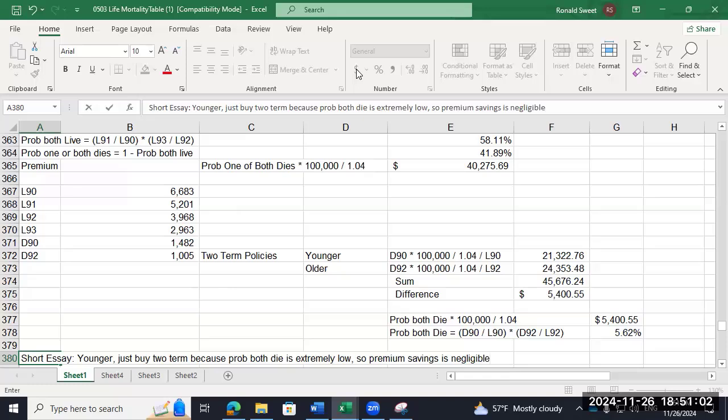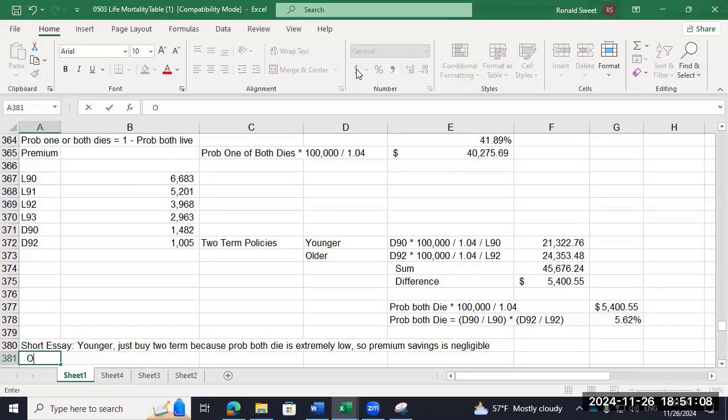I can't spell negligible, but whatever that is. For older, can make sense depending on purpose, policy.